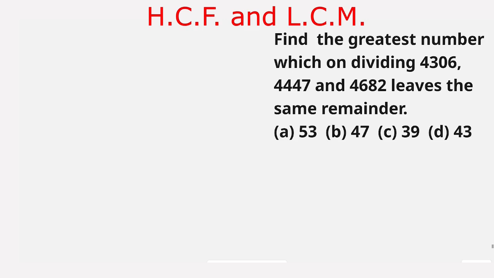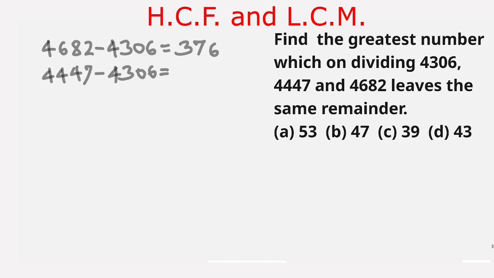The biggest number is 4682 minus 4306. This is equal to 376. Now we find the difference of 4447 and 4306, and this difference is equal to 141.